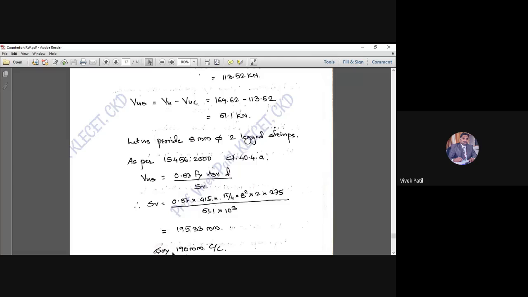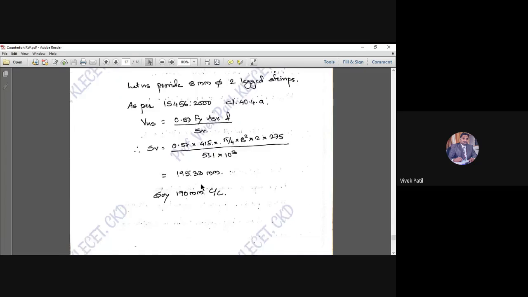So let us provide the stirrups at a spacing of 190 mm center to center. It is less than the value we obtained, but in round figure 190 mm center to center of 8 mm 2-legged stirrups. So here we complete the design of the toe.